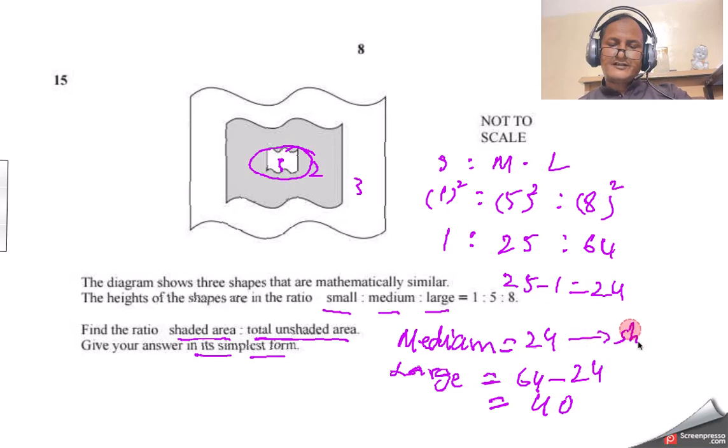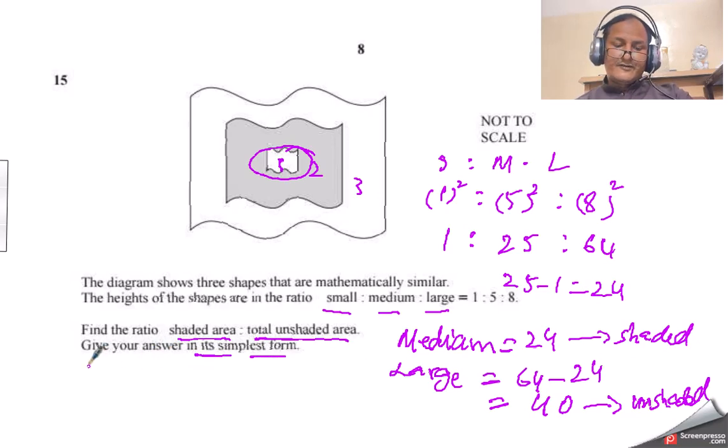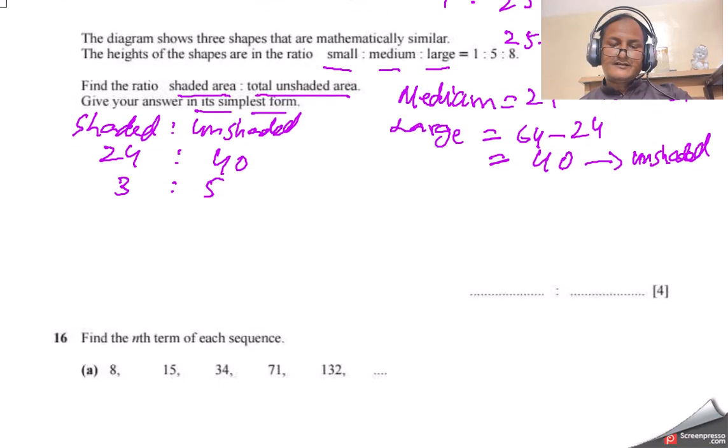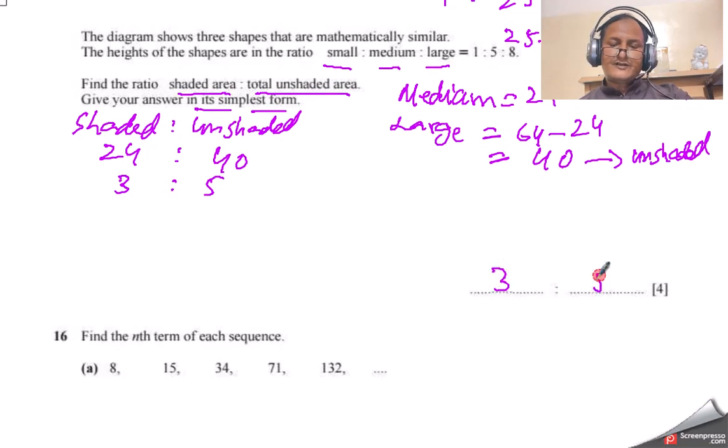We're supposed to write over here the shaded, and here we have the unshaded. Okay, now we're supposed to find the ratio of shaded to unshaded. Then we have, for example, the shaded is 24 and the unshaded is 40. When we simplify with the table of 8, 8 3s are 24 and 8 5s are 40. This is basically our answer. We're supposed to write 3, and then here we write 5.